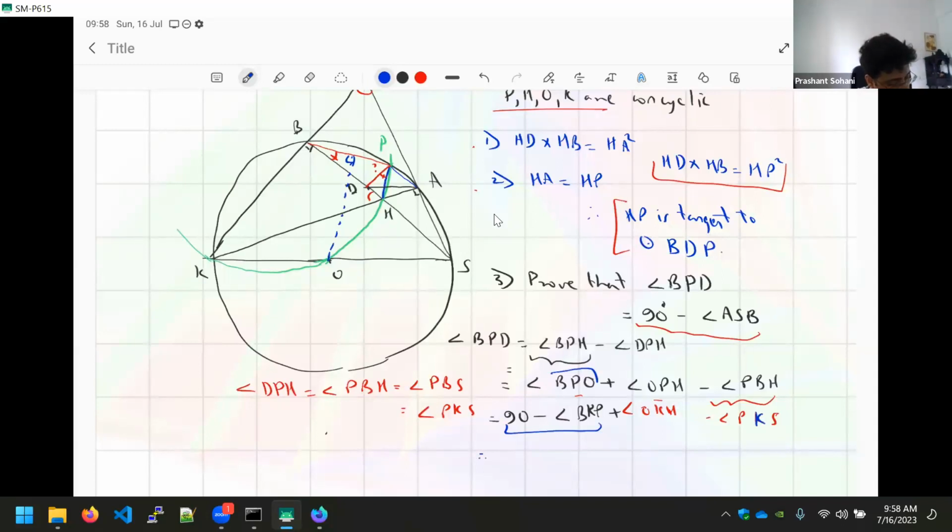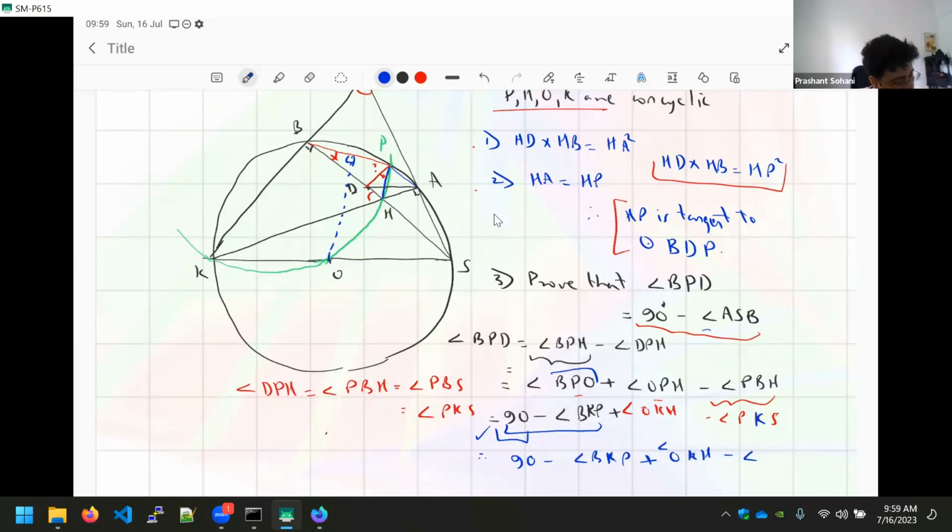So firstly, we have to show that BPD is 90 minus something. So that 90 degree we wanted in our expression has come in our term now. Now just the remaining terms, if we can adjust. So what are the remaining terms? BKP, OKH, and PKS. But do you see now, OKH is actually the same as which angle?